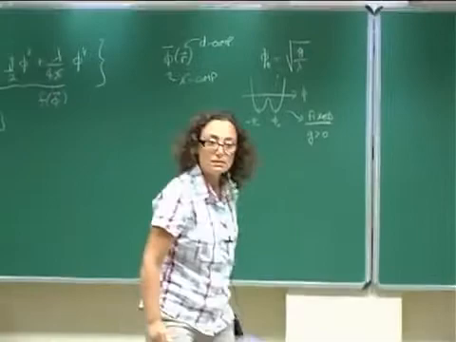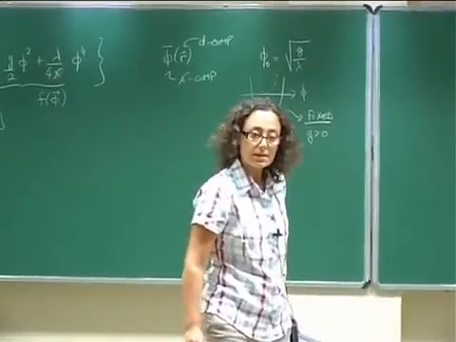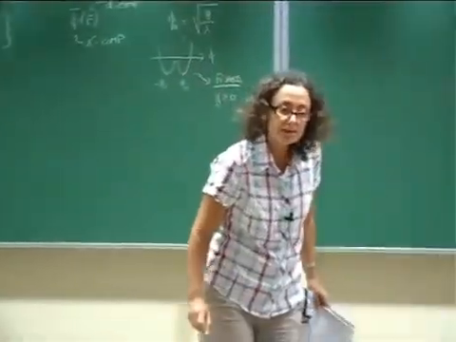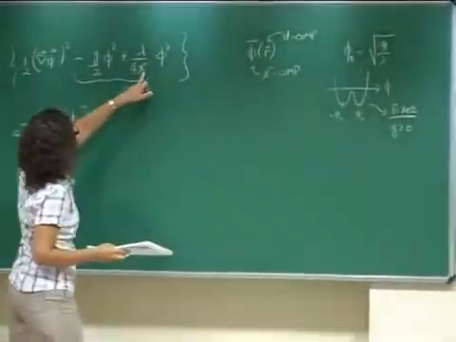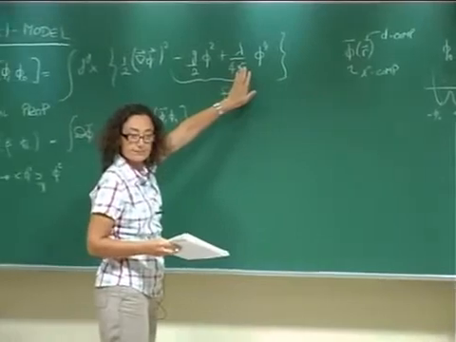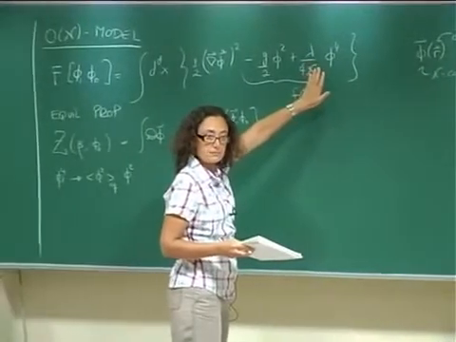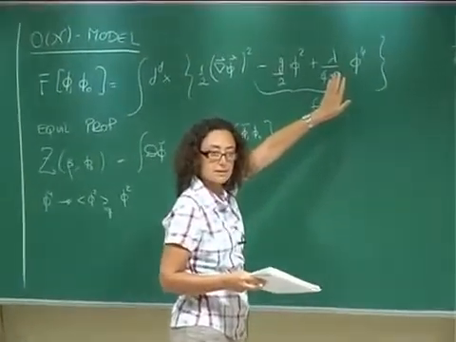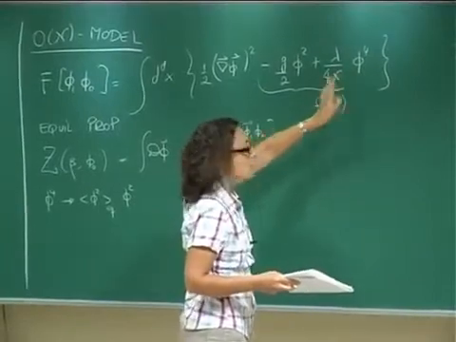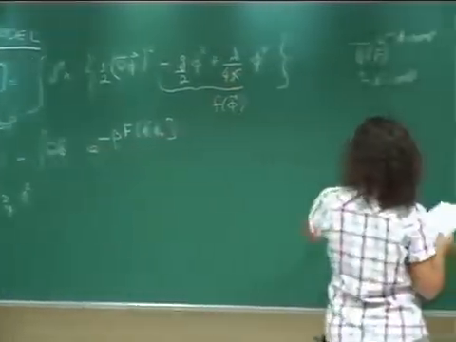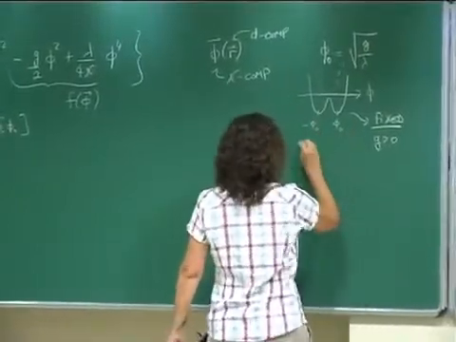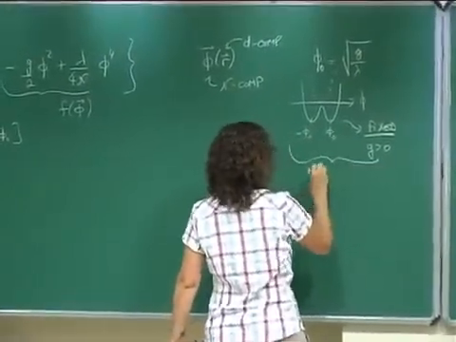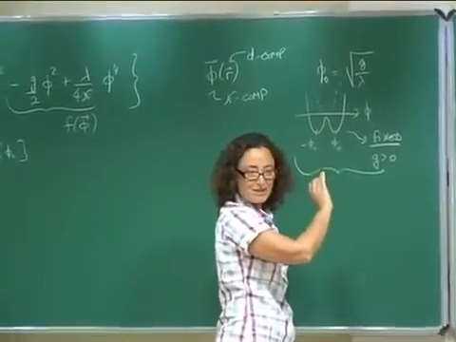Sorry? Before I rescale, should it be? No, the root n I keep separately. The root n is here. This one I keep. Right, so when I solve that with phi naught. Yes. Okay, but yes, that's true. You're right. These are the minima. Let me write it like this because I want to keep no n in the definition of phi naught.